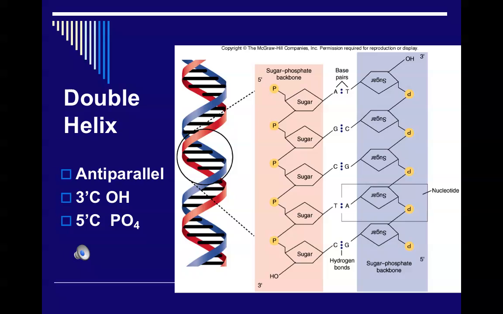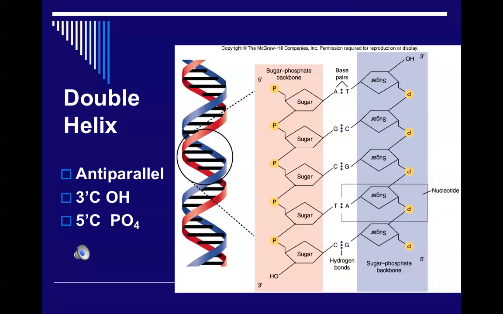And what we find is that the number 3 carbon of the deoxyribose is the carbon to which we're going to attach a hydroxyl group, and the number 5 carbon is the carbon to which we're going to attach a phosphate group. So scientists refer to the 3' hydroxyl, 5' phosphate orientation of DNA on both sides of the DNA ladder. Notice that they're going in opposite directions, which is described as anti-parallel.